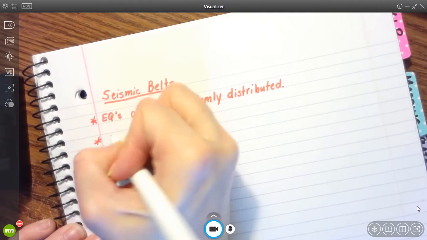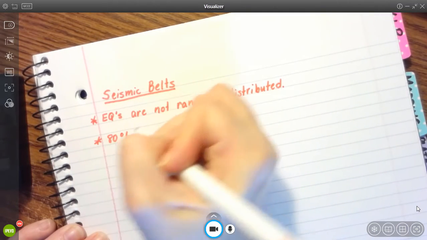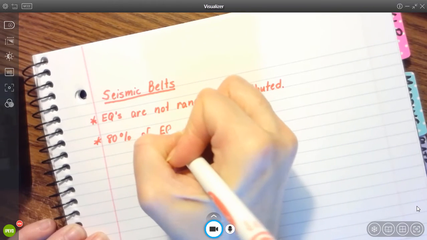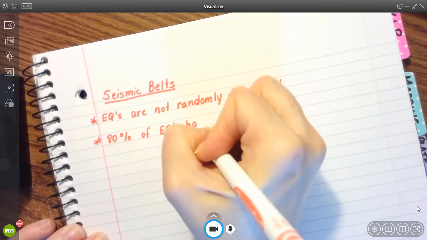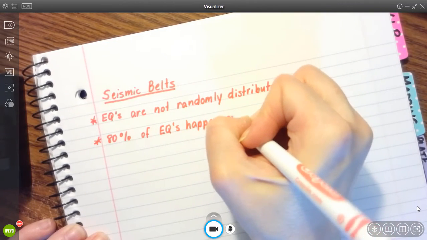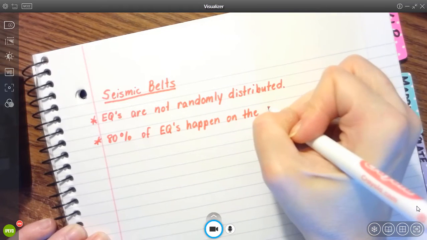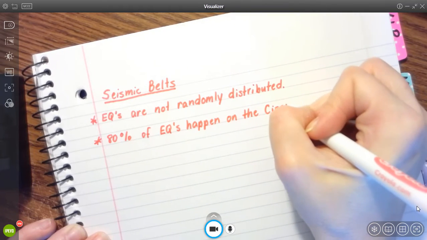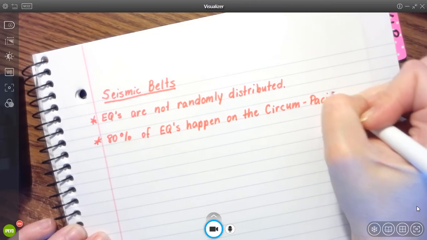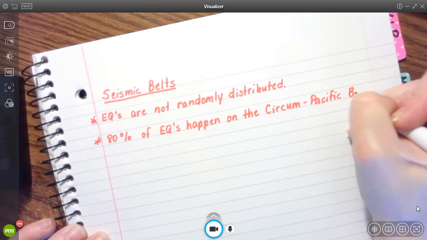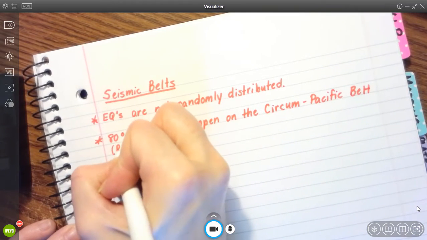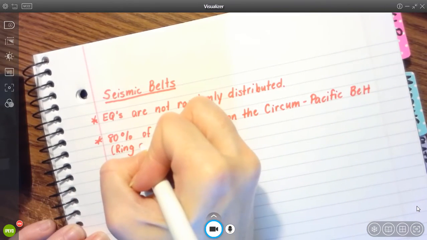In fact, 80% of earthquakes happen on the circum-Pacific belt, otherwise known as the Ring of Fire.